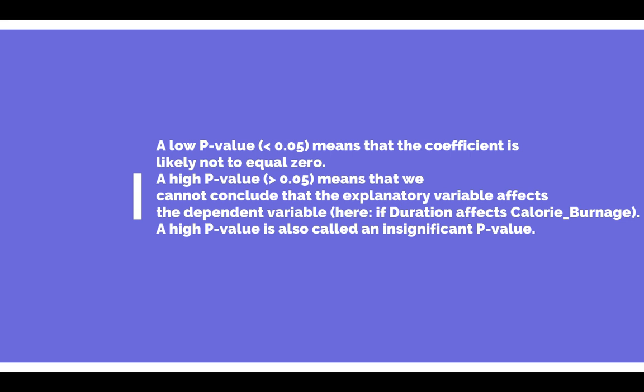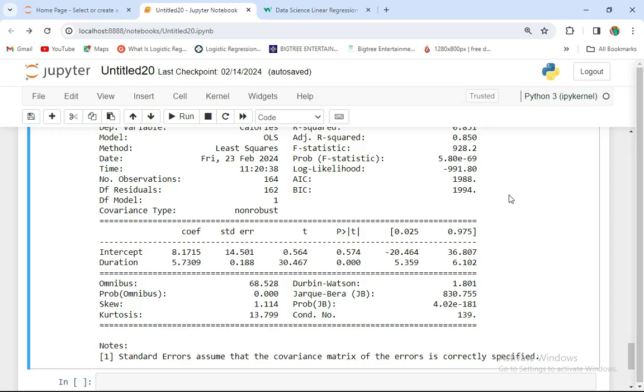In our regression table we have a p-value of 0.000, which is less than the 0.05 threshold, which means there exists a relationship between duration and calories.